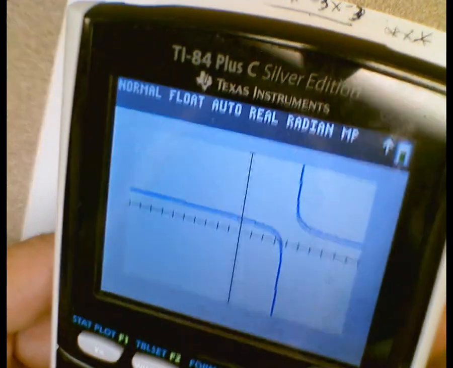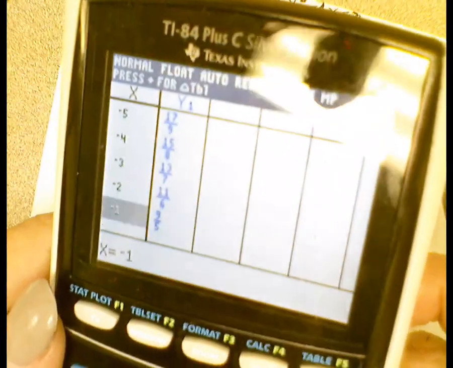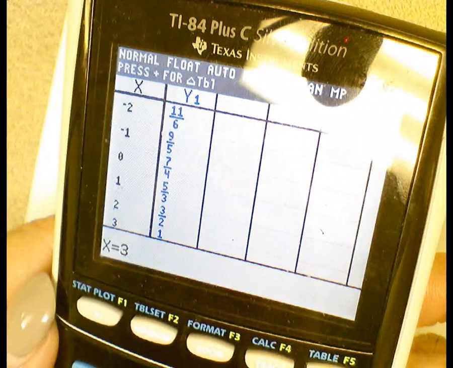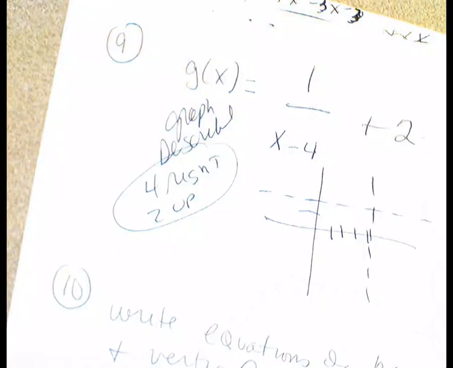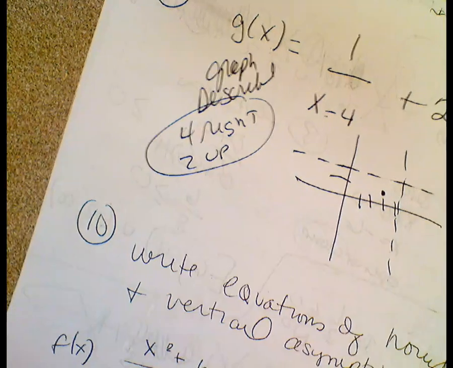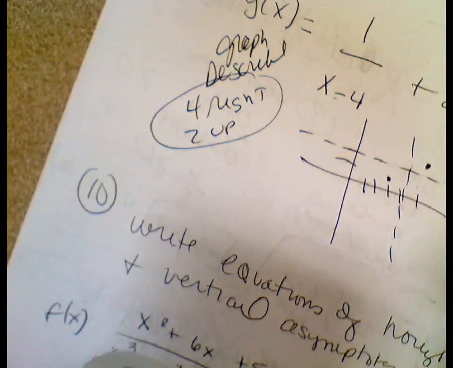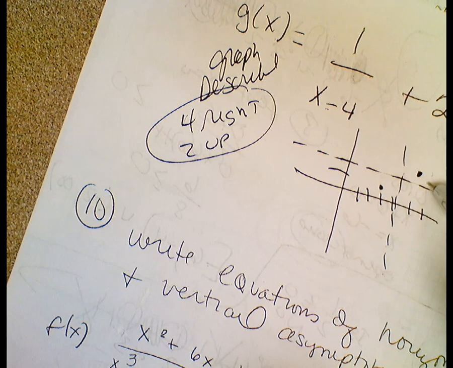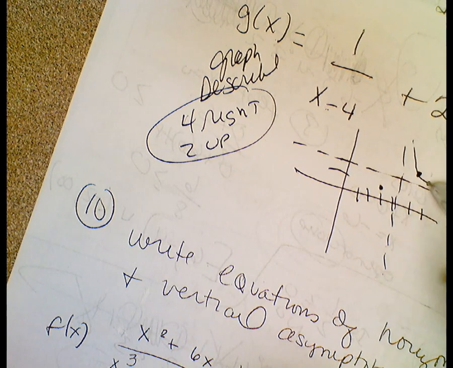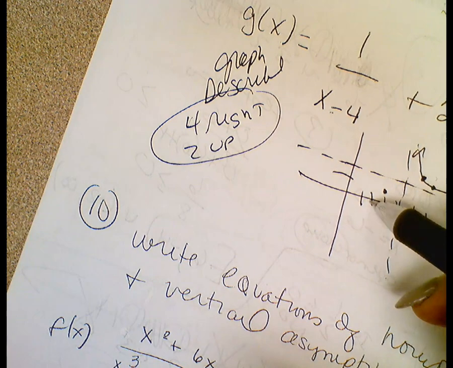So look at your t-table and find the error sign first of all. All right, there's the error sign. Give me some numbers around the error sign, like 3, 1. 5, 3. 6, 5 halves, so 6 and 2 1/2. And 2 and 1 1/2.